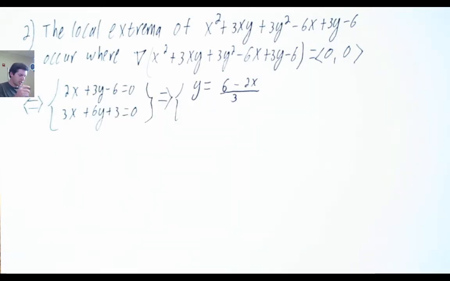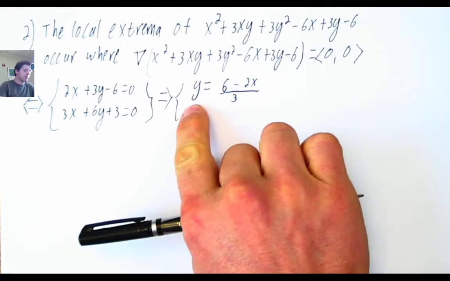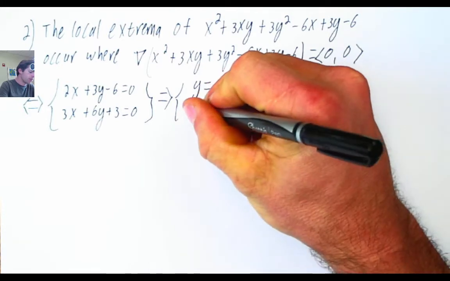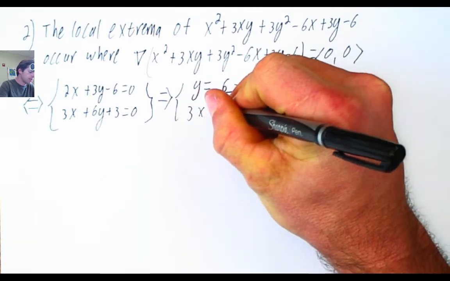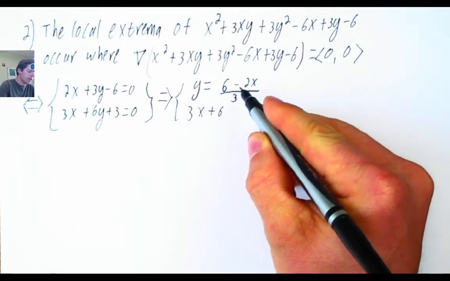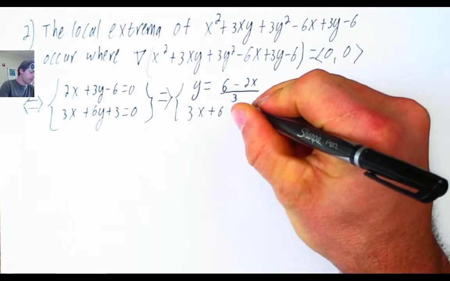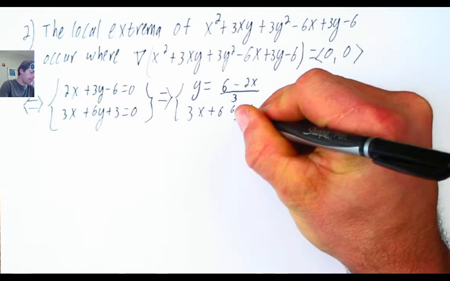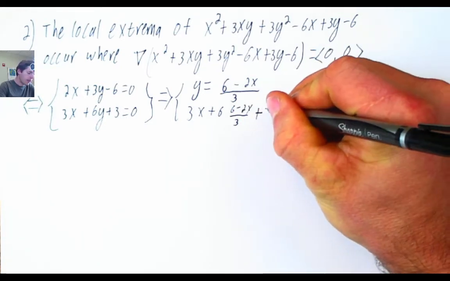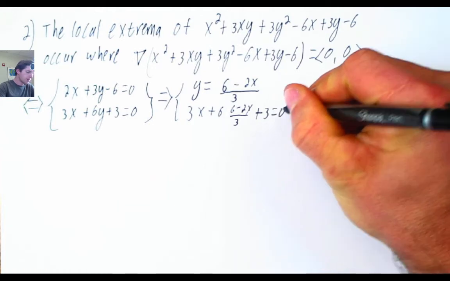And then I'm going to substitute that expression for y into the second equation. So that'll be 3x plus 6 times, and then instead of y, I'll write (6 minus 2x) over 3. And then I still need to add 3, and so that's equal to 0.